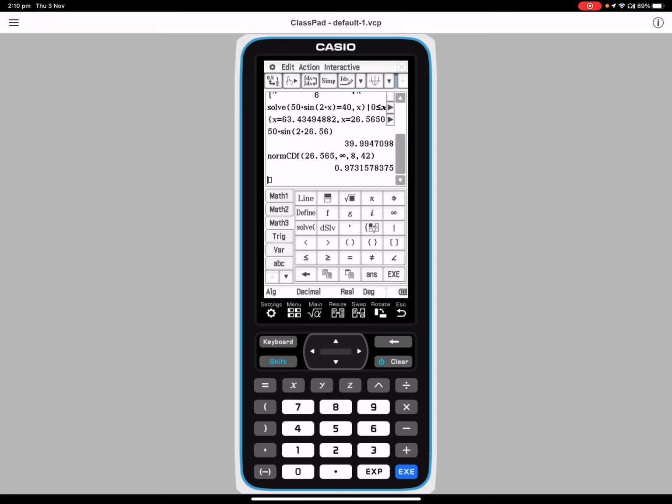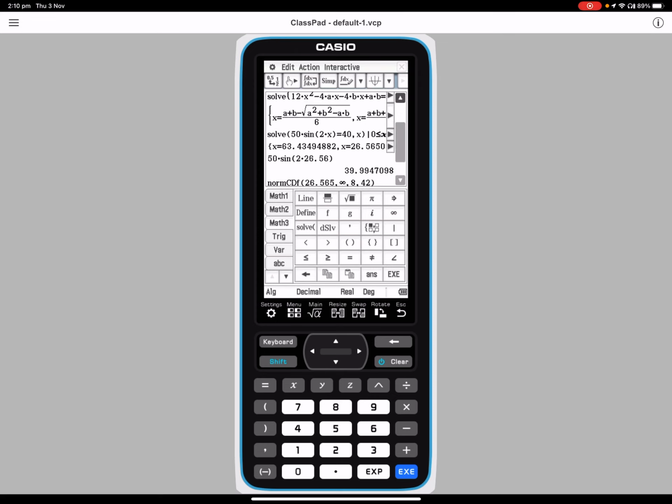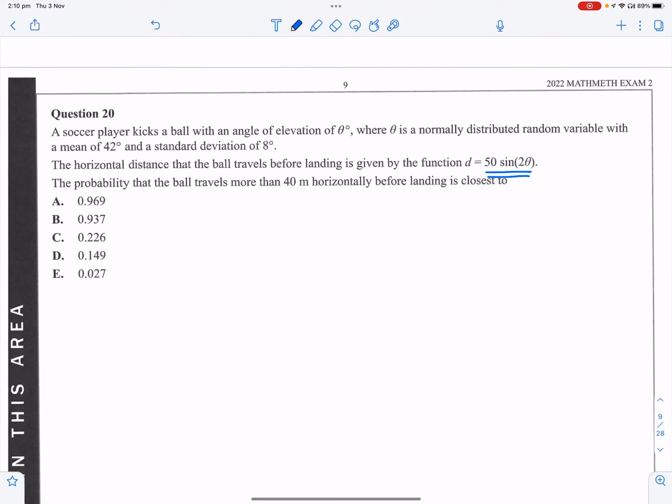So if it's got to equal 40, it has to be released at an angle greater than 26.565.